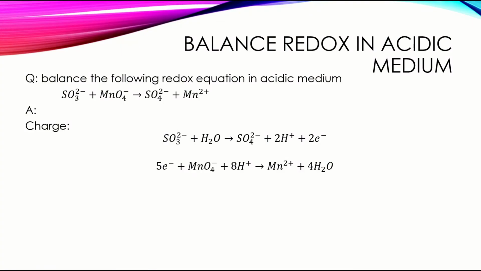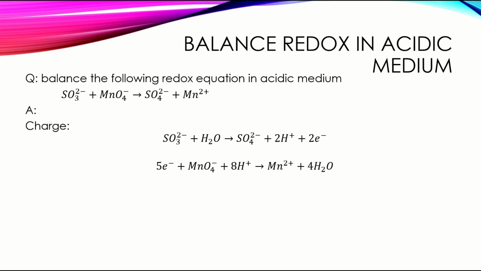Next is to balance the electrons in each equation. The electrons in each half equation must be equal. If they are not equal, they must be multiplied by an appropriate integer, usually the lowest common multiple.